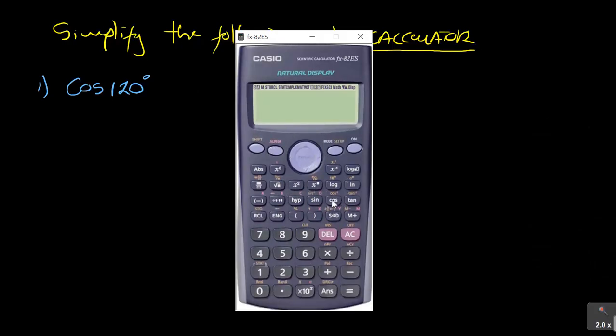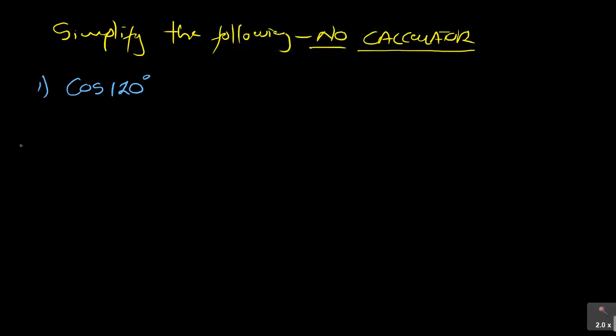So cos 120 gives us negative half. So I will keep in mind my answer being equal to minus 1 over 2, just to know that I'm working towards that. But now let us prove how the calculator got negative half.